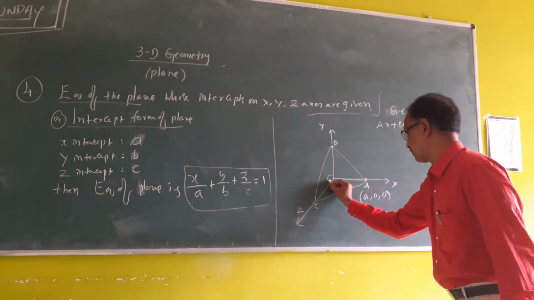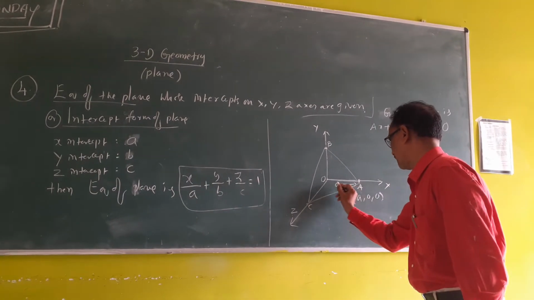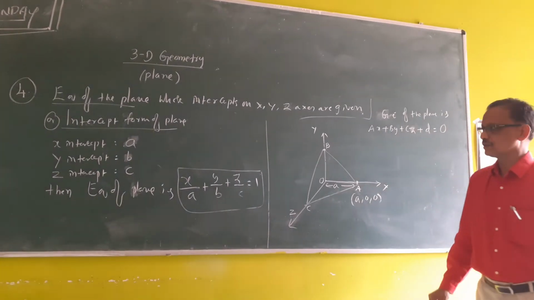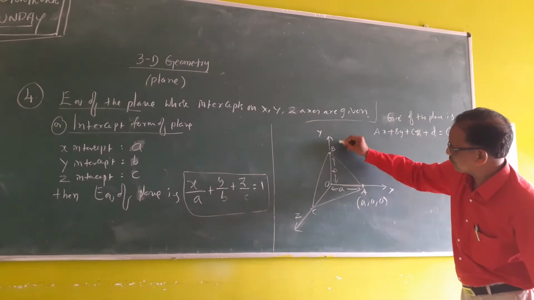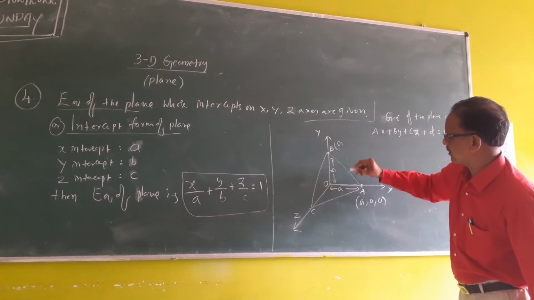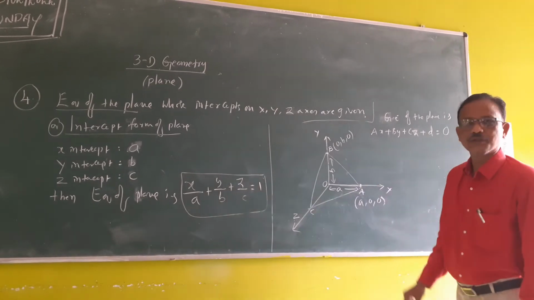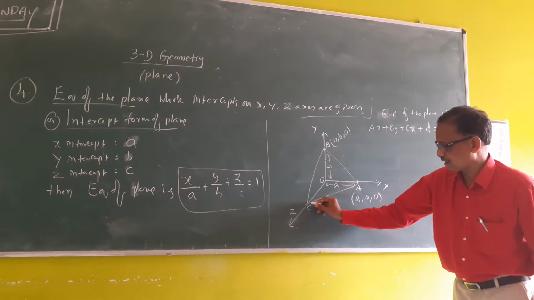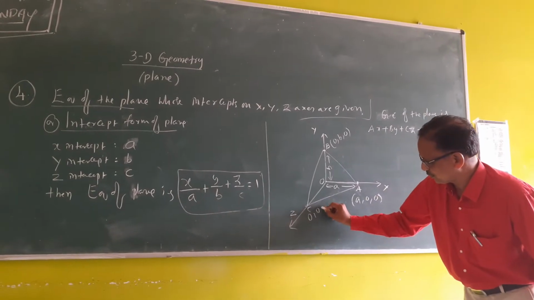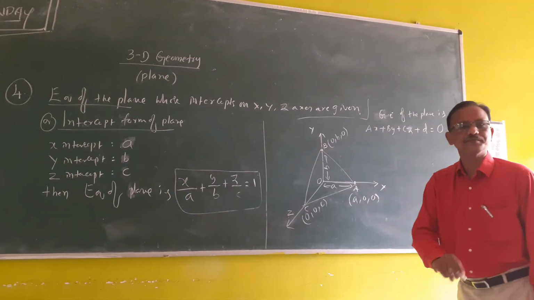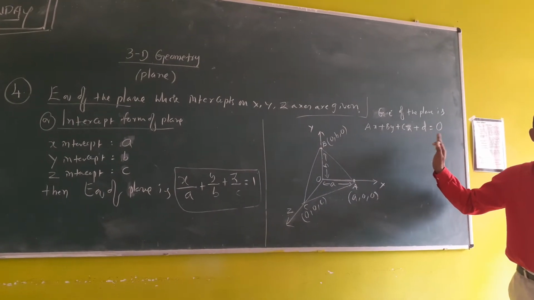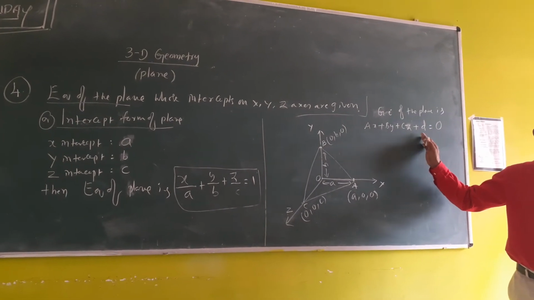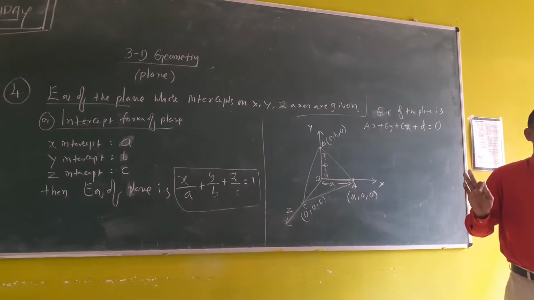Intercept means this length from here to here is a. Similarly this length is b, so the point is (0, b, 0), and the next is (0, 0, c). This is the general equation of any plane.